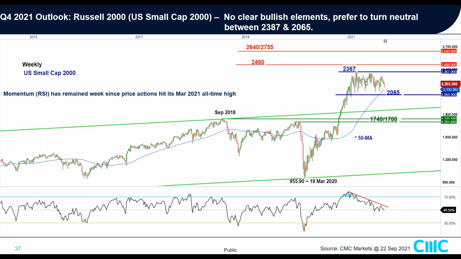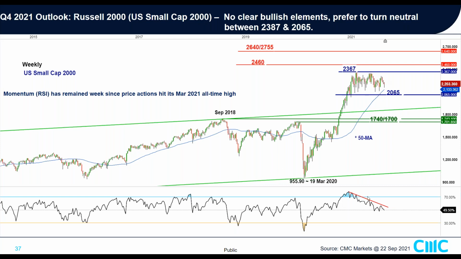If you look at the momentum, it is pretty stubbornly weak. The momentum has been capped by a very significant descending resistance line. What it means at this point in time is that there is no clear sign of upside momentum that could potentially see the price action of the Russell 2000 break higher.